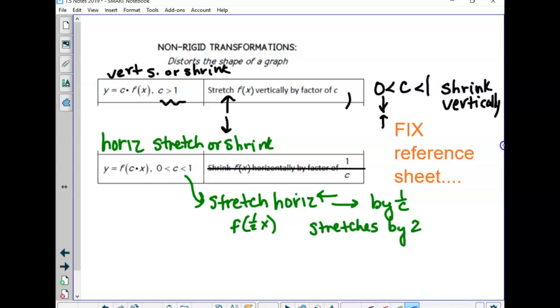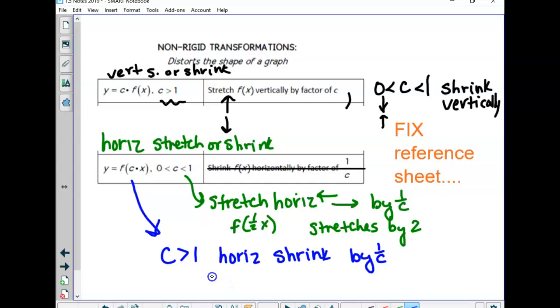All right. And yours doesn't have anywhere where it tells you what it does the other direction. If c is greater than 1 for this one, then that is a horizontal compression or shrink by 1 over c. So if it said f of 3x, it would shrink by 1/3, and it would shrink in towards the y-axis.